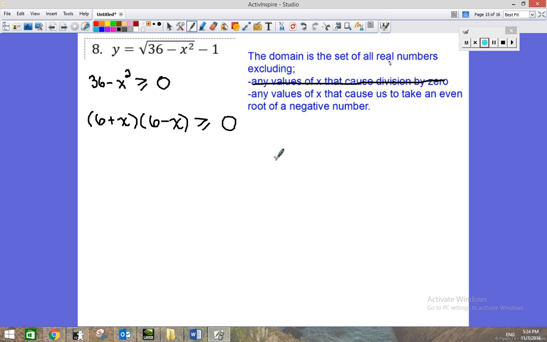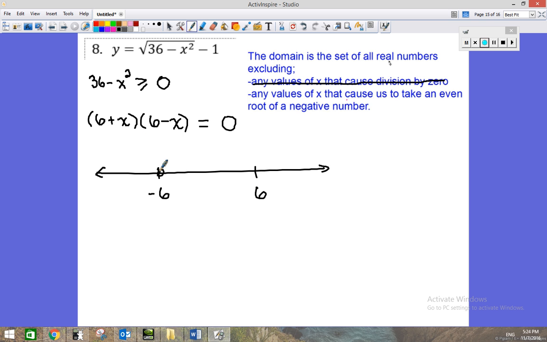Even though this is greater than or equal to 0, because I have the equal portion, I focus my attention on it first. So I ignore the greater than, and I think for just a second, what are the solutions to this equation? They're the same as they were last time. Positive 6 plus negative 6 gives me 0, and 0 times anything equals 0. So on the number line, I've got negative 6 and positive 6.